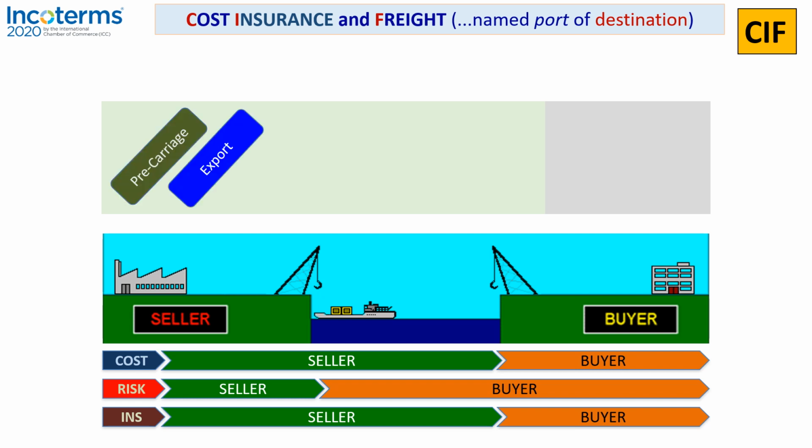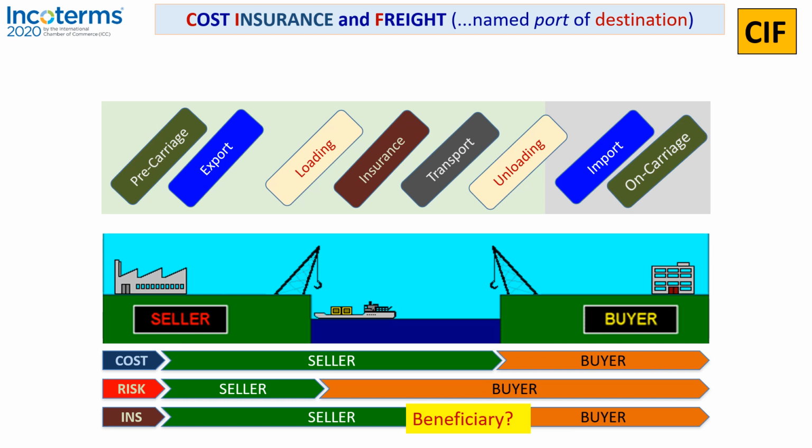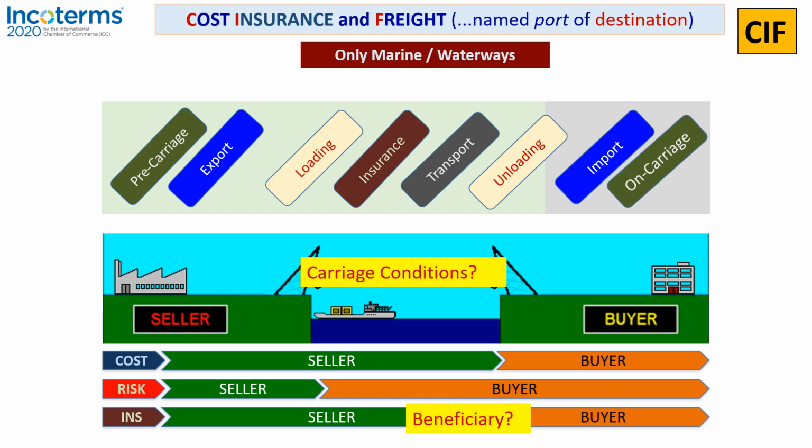All the aspects of pre-carriage, export, loading, main transportation, unloading and insurance are done by the seller. All the other aspects of import, clearances and any on-carriage are the buyer's responsibility.